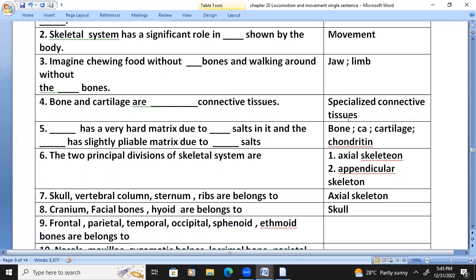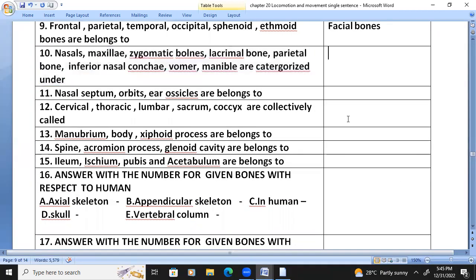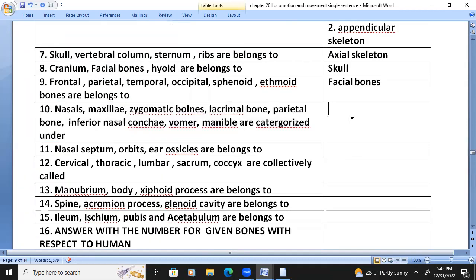Frontal, parietal, temporal, occipital, sphenoid, ethmoid bones belong to cranium. Nasal, maxillae, zygomatic bone, lacrimal bone, palatine bone, inferior nasal conchae, vomer, mandible are categorized under facial bones.